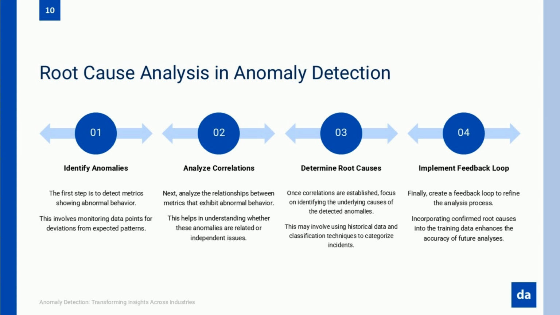The power of supervised approaches comes from their ability to incorporate domain knowledge and past experience into automated analysis. A classifier might learn, for instance, that a particular pattern of database connection errors followed by API timeouts typically indicates a specific database configuration issue rather than a network problem or code bug. This historical pattern recognition can drastically reduce troubleshooting time.